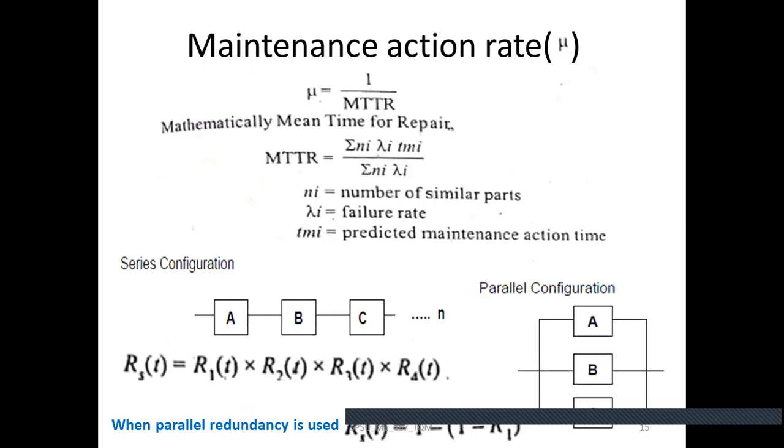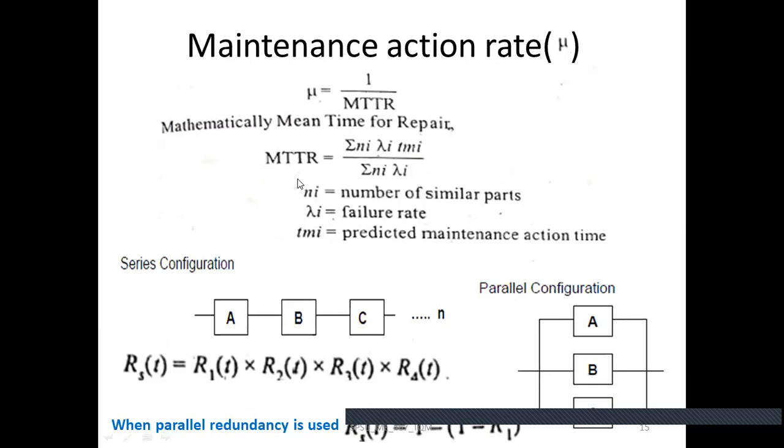Now the next term is maintenance action rate. It is represented by the mu. Maintenance action rate is the numeric value representing the number of maintenance actions carried out in the particular time. So mu is equal to 1 upon MTTR.